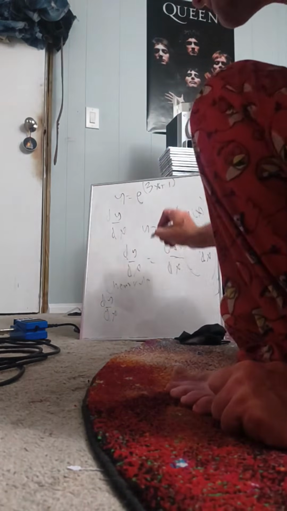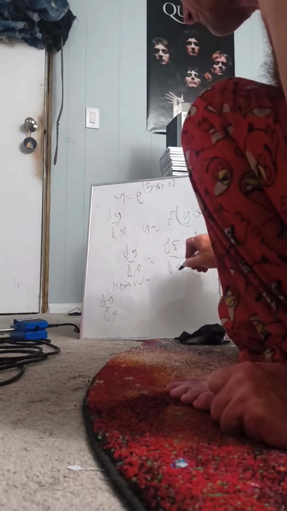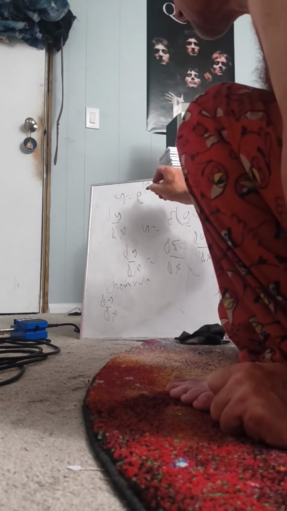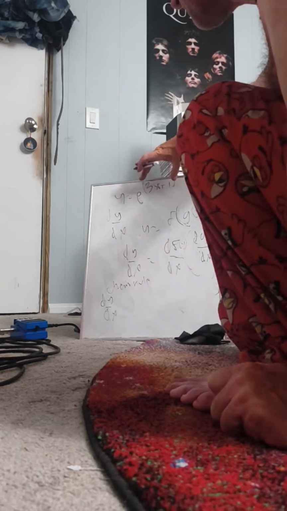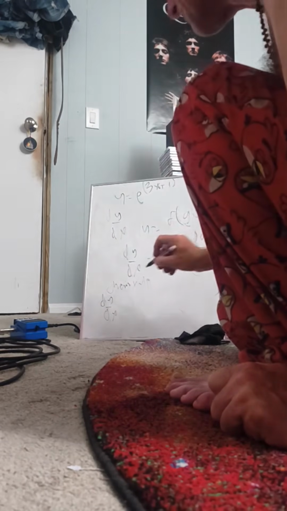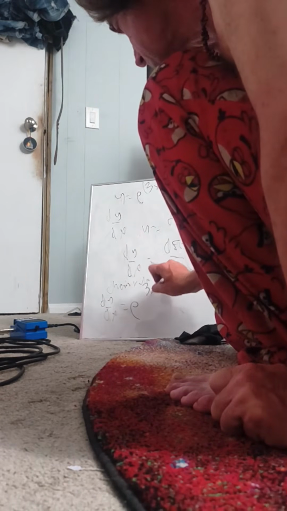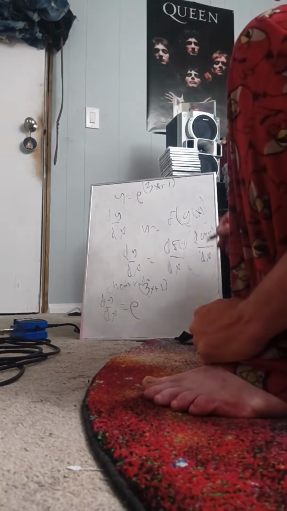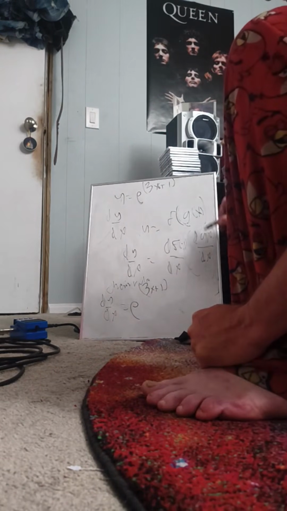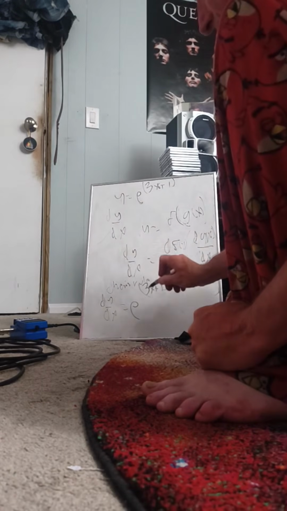So the derivative dy/dx of e to the 3x plus 1 would be, first of all, the derivative of the whole function f, which, if this is one unit, is just e to that thing. So that would be equal to e to the 3x plus 1. So far, that's df/dx. But then you take the derivative of this little thing with respect to x. So now times the derivative of this.